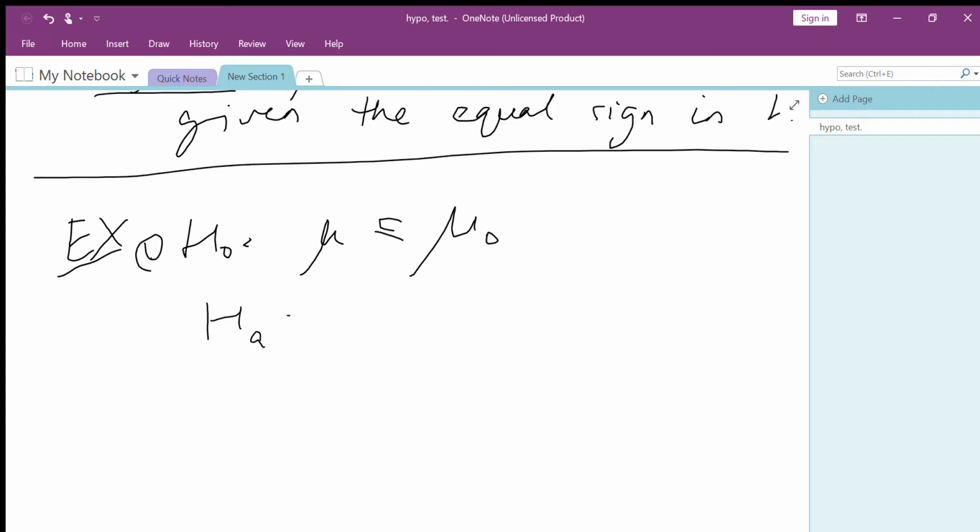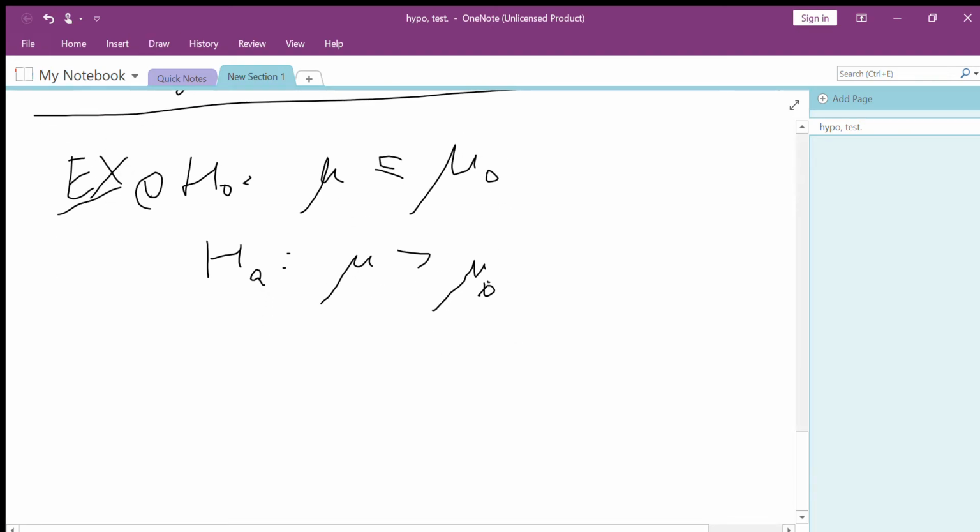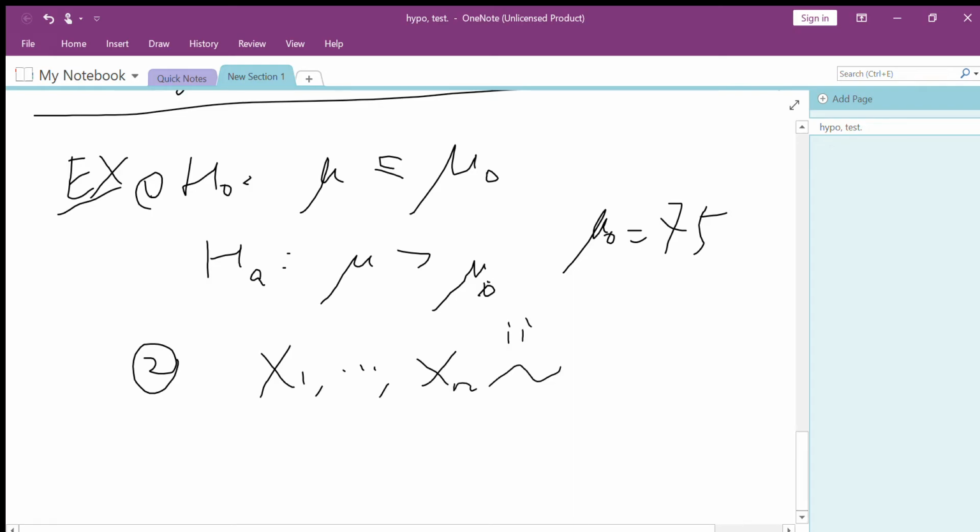H null is this. H alternative is mu greater than mu null, mu 0. And suppose mu 0 is 75. And second step, we get a random sample, and we given that capital X1, capital Xn, IID following normal distribution with mean mu and sigma square.